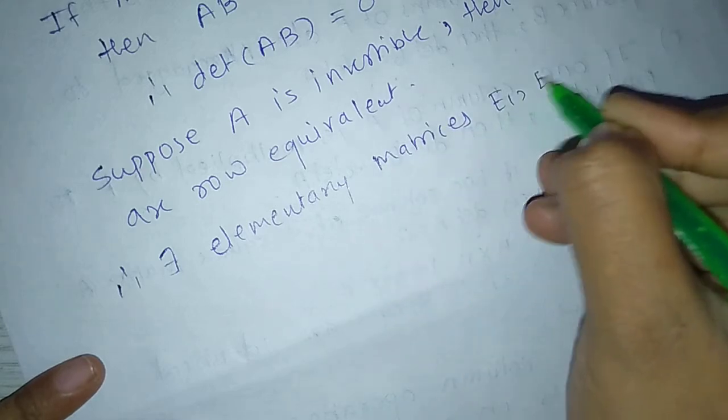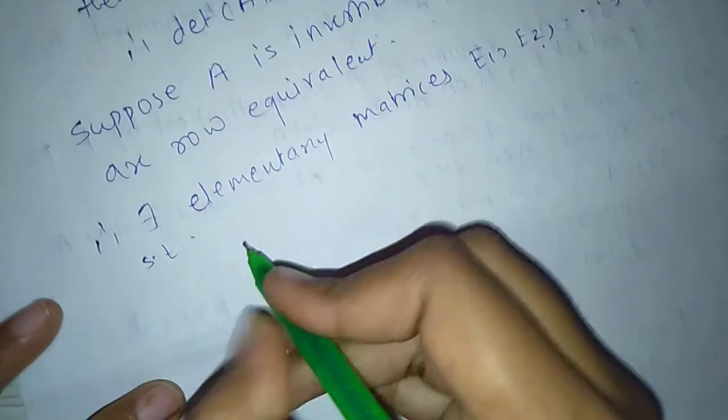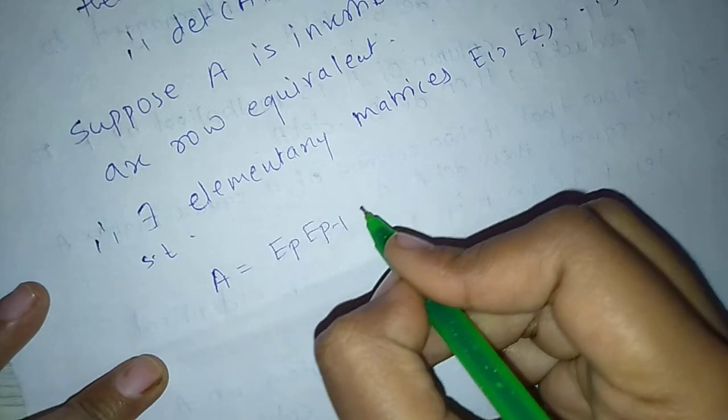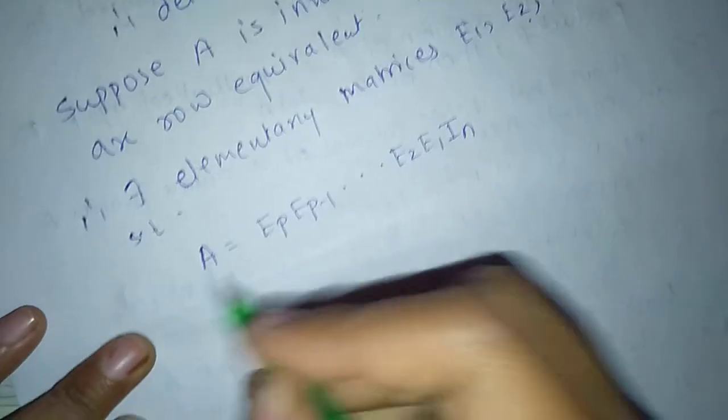E1, E2 and so on, EP, such that A equal to EP into EP minus 1 and so on, E2 into E1 into In.